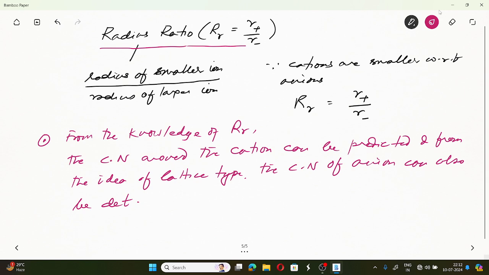So if we know this radius ratio value, we can predict the coordination number.